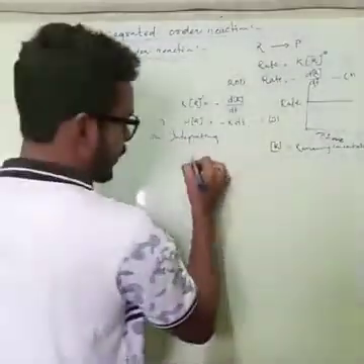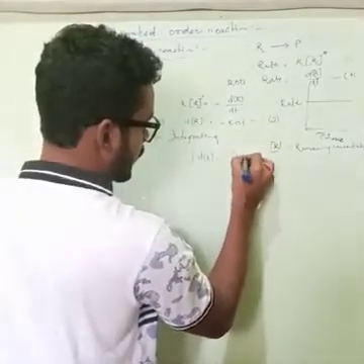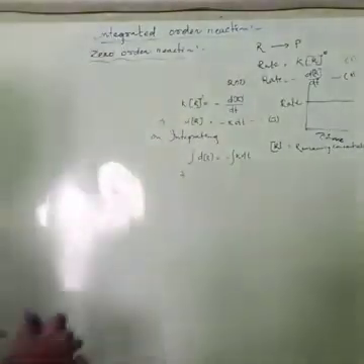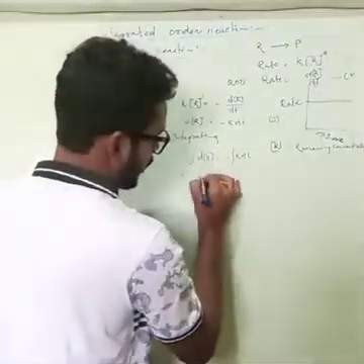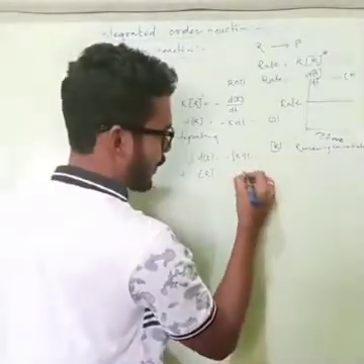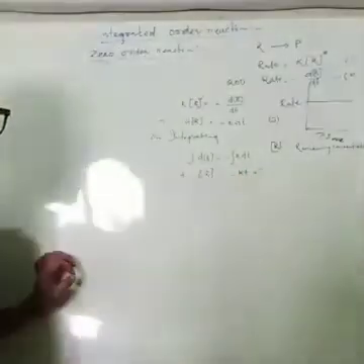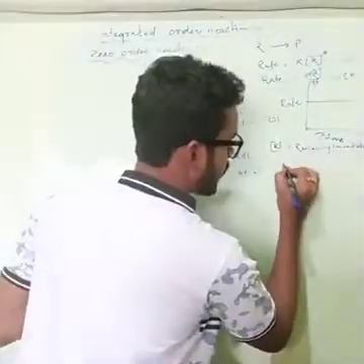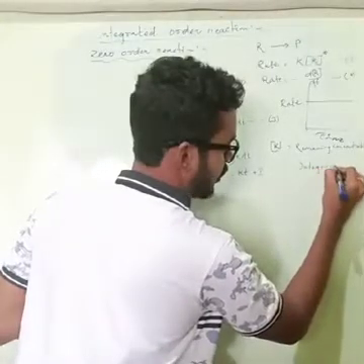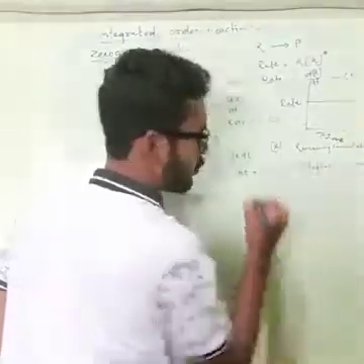Integration of dR equals integration of minus k dt. So you will get R equals minus kt plus I, I hope you know about this integration. This I is nothing but the integration constant. Suppose this equation is equation 4.